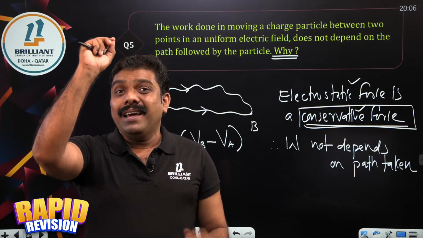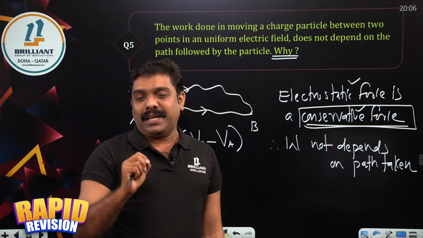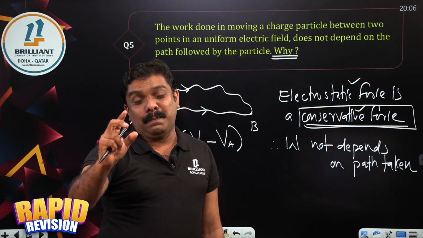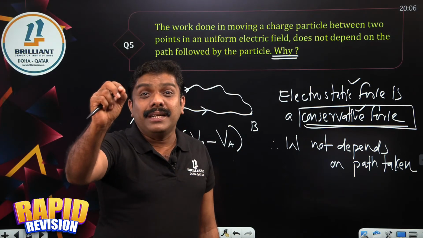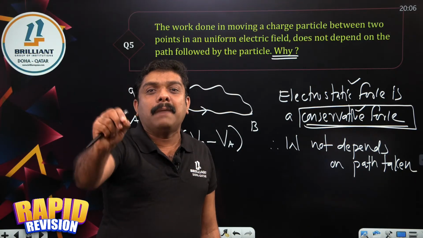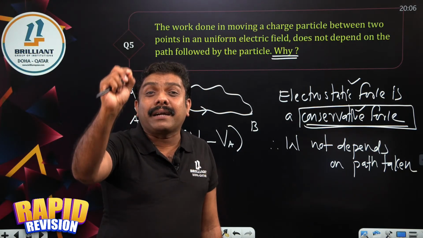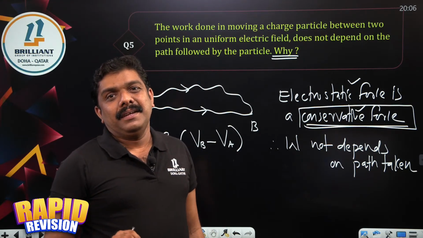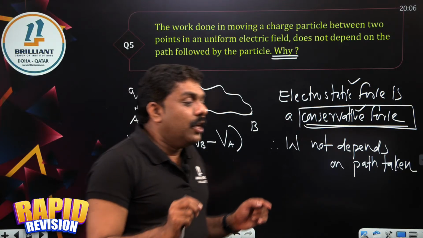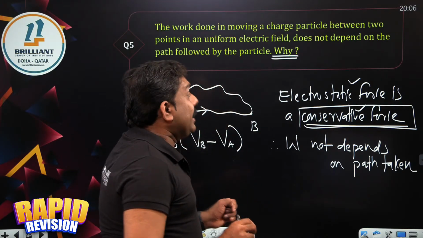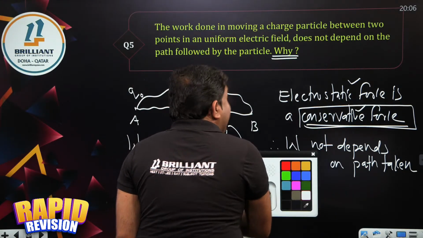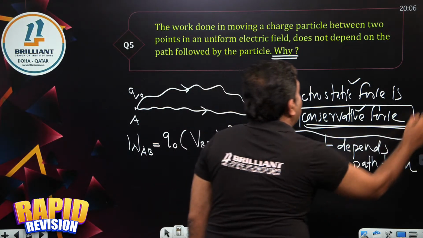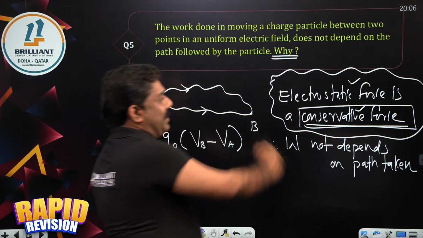I am repeating, electric field line is not a closed loop, but magnetic field line is a closed loop. Why? The question is there, a give reason question from chapter 1. Why is the electric field line not a closed loop? The answer is: because electrostatic force is a conservative force.